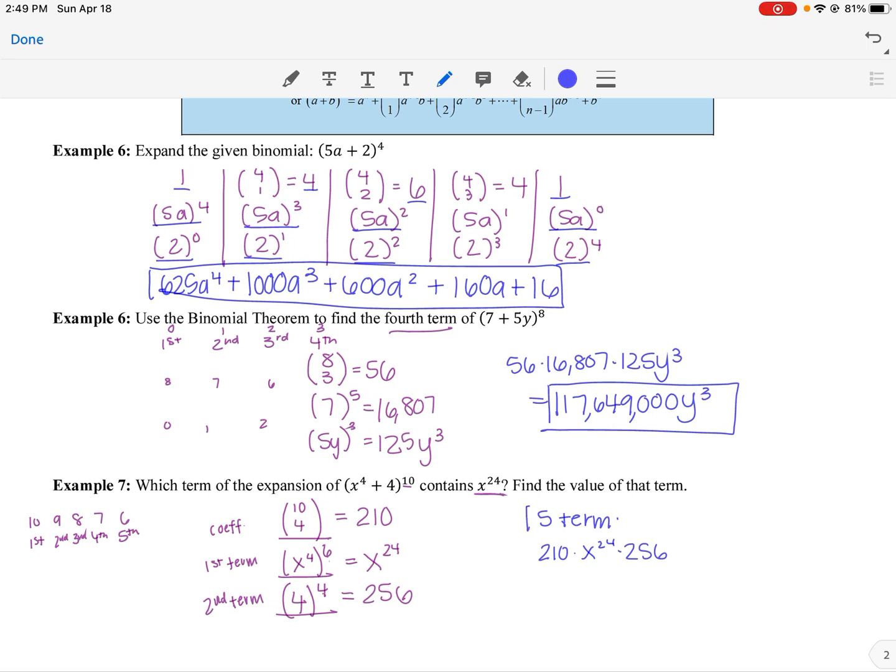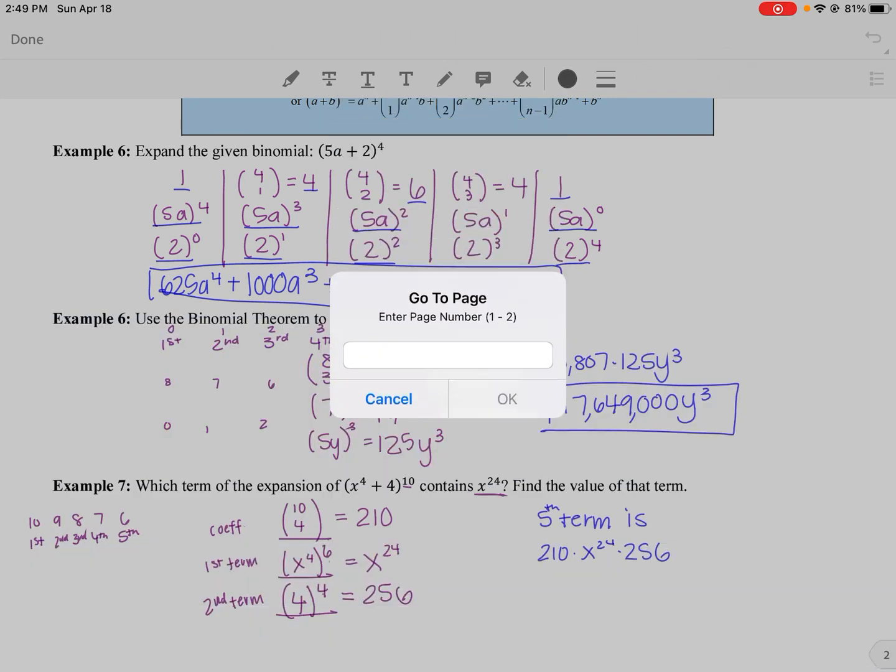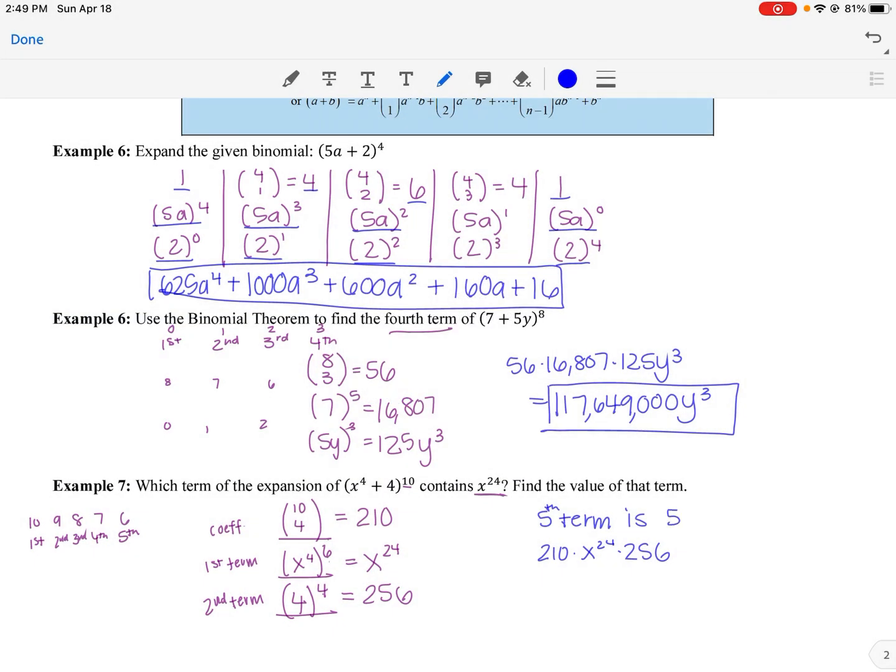And we get, so our fifth term, let's see if we can figure this out. When we multiply those together, the fifth term is 53,760 x to the 24th.